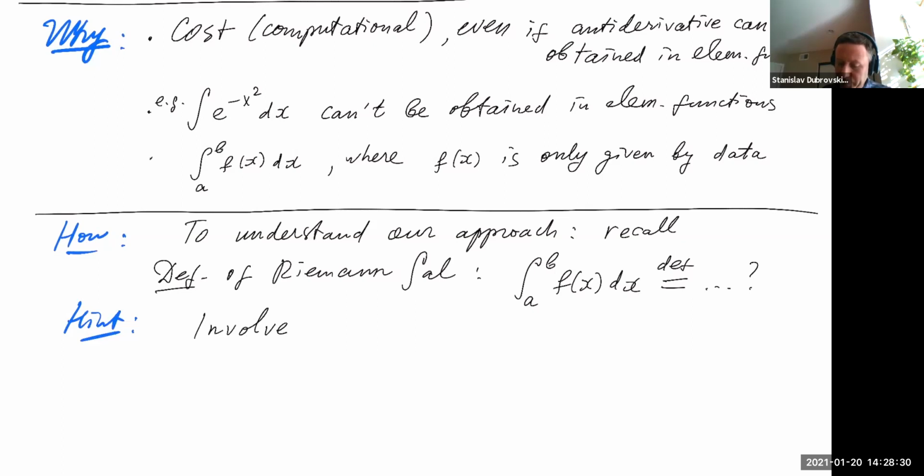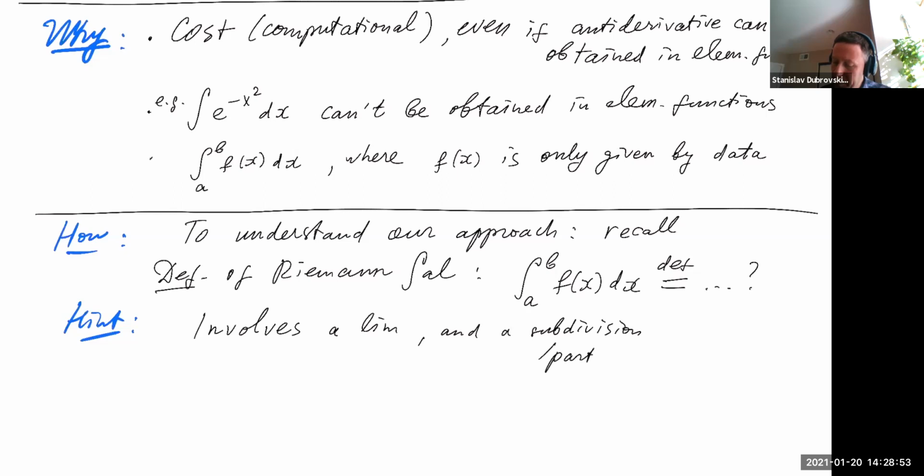It will involve a limit, of course, everything in calculus has to include the concept of a limit, pretty much, and subdivision or partition. Sometimes we say subdivision, sometimes we say partition.